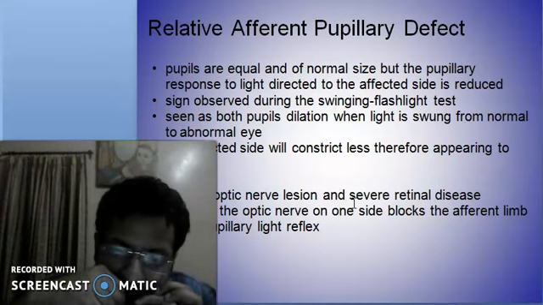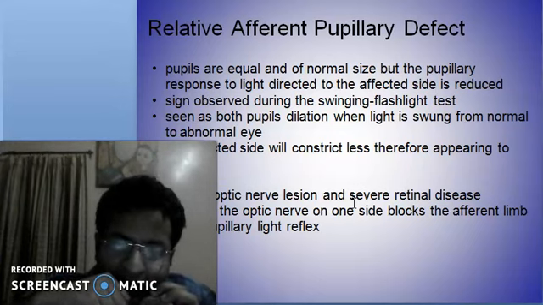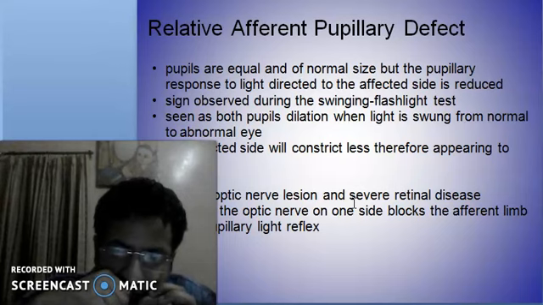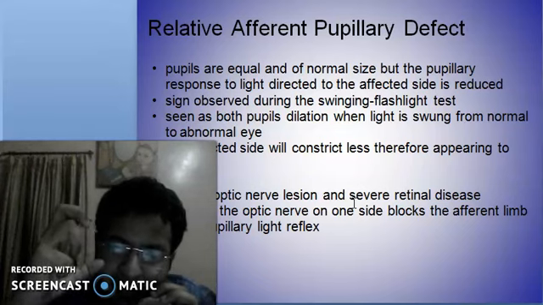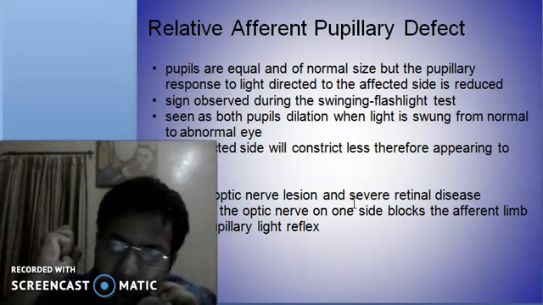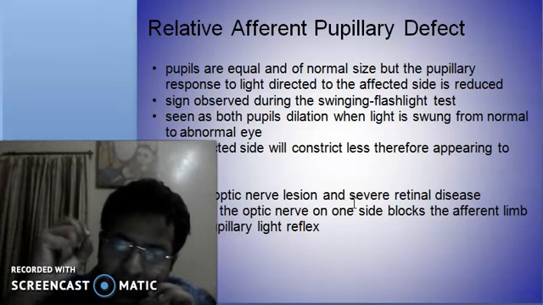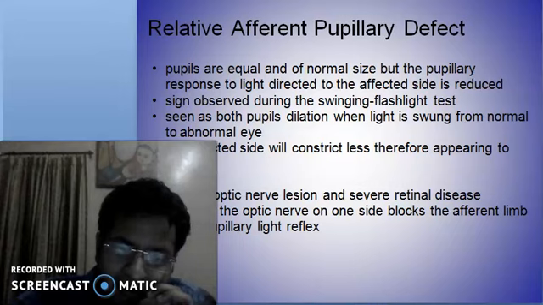RAPD is seen in optic nerve lesions or very severe retinal diseases. Lesions of the optic nerve on one side block the afferent limb of the pupillary light reflex, and hence the signal slows down to the third nerve nucleus, and the pupil appears to dilate rather than constrict when the light falls on it.